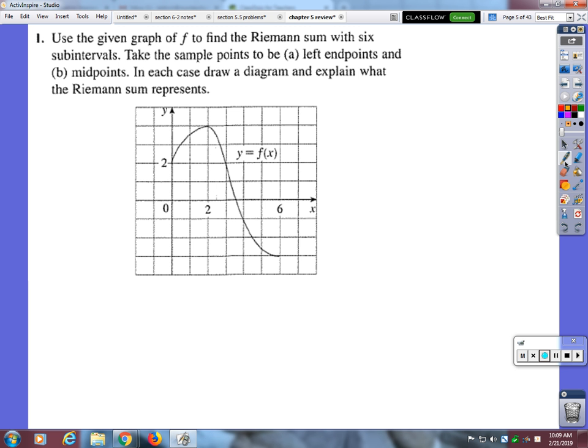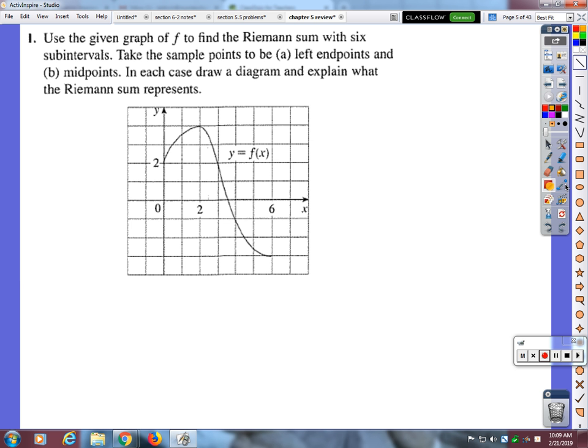Okay, first thing we did was we drew rectangles. So this says use the given graph of f to find the Riemann sum with 6 subintervals. I think we did this exact problem on the quiz. And so if I'm going to do left endpoints, that means my rectangles go from the left-hand side up to the graph.